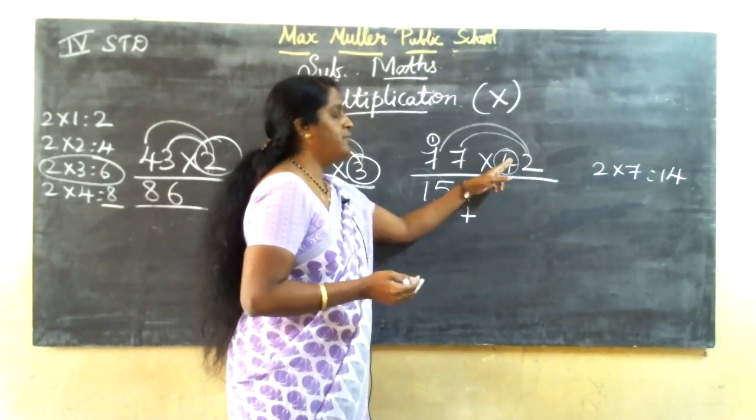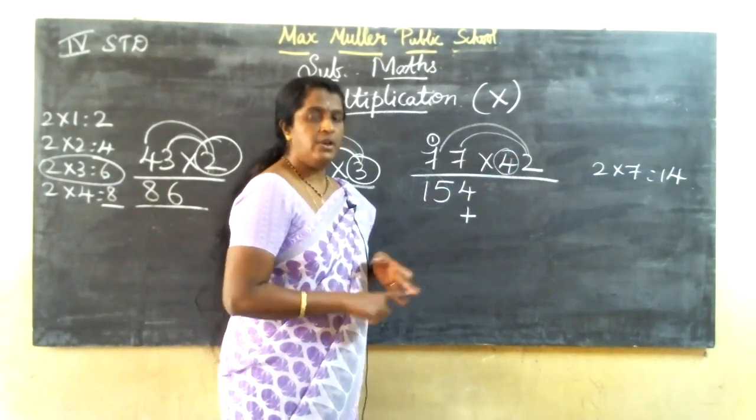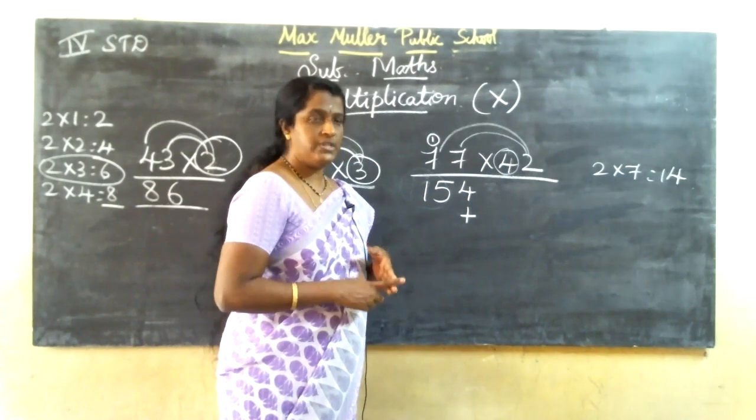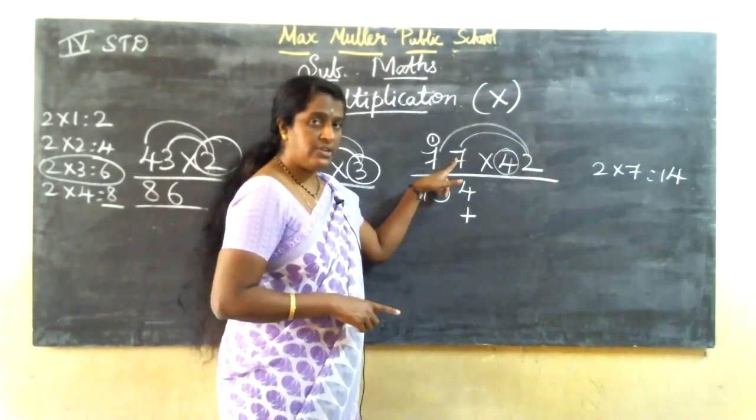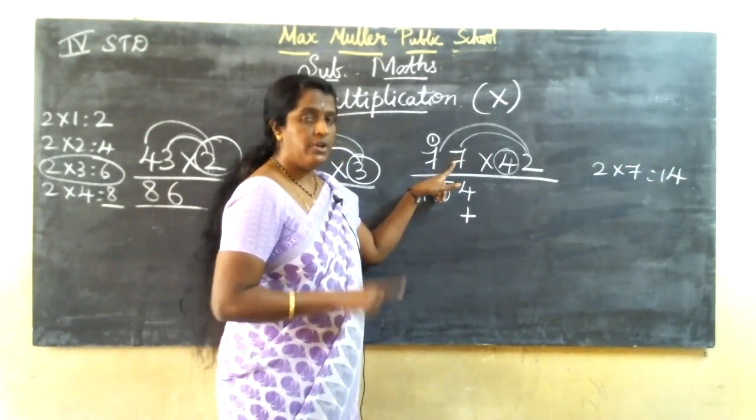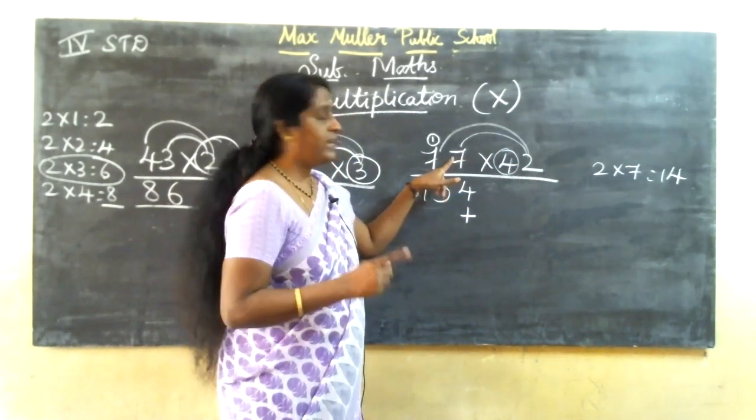So 4. 4 ones are 4, 4 twos are 8, 4 threes are 12, 4 fours are 16, 4 fives are 20, 4 sixes are 24, 4 sevens are 28.